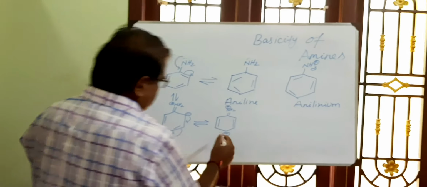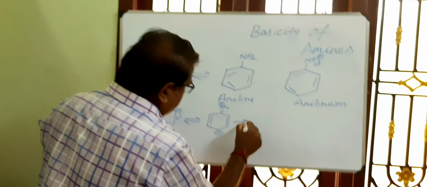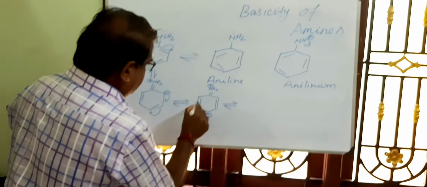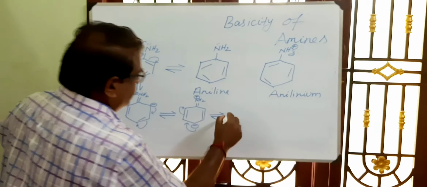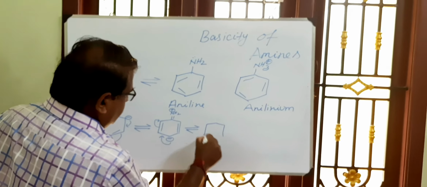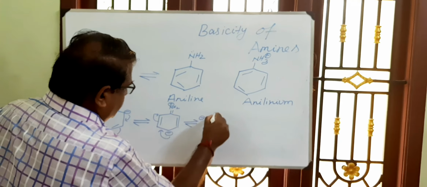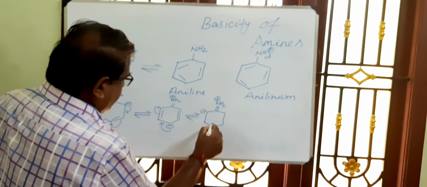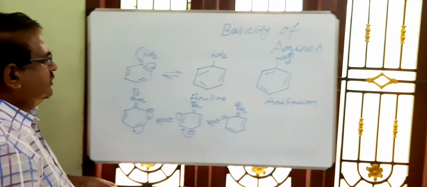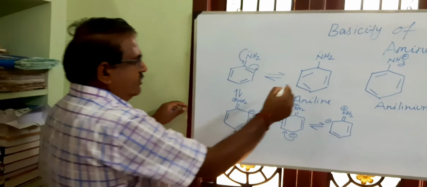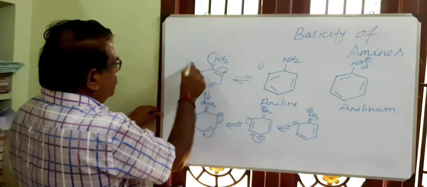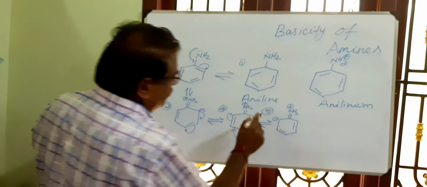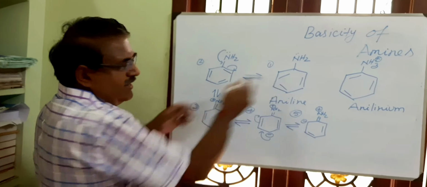Now this structure will be in resonance with the structure I am going to draw over here. So aniline has 5 resonance structures: 1, 2, 3, 4 and 5.